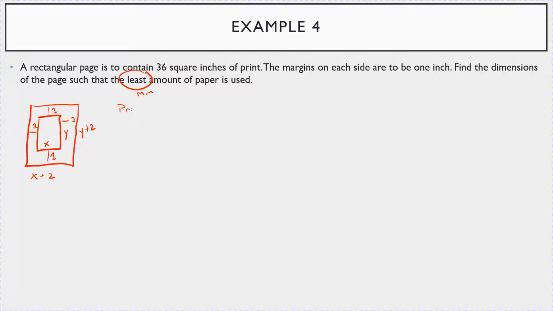So that's our primary equation. It's the area of this total paper here, which is x plus 2 times y plus 2. Well, what's our secondary equation?